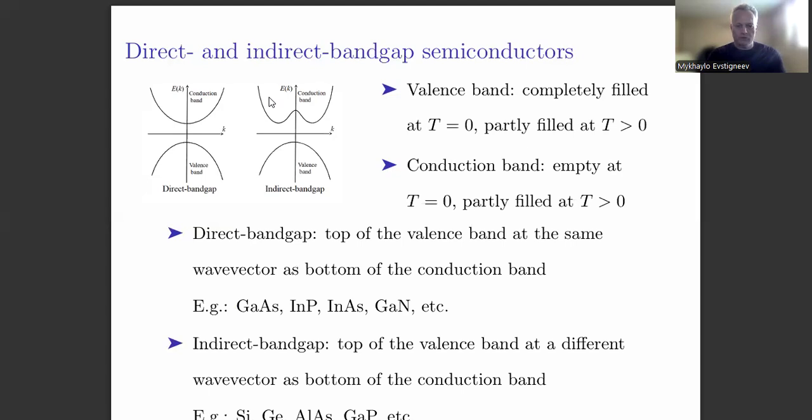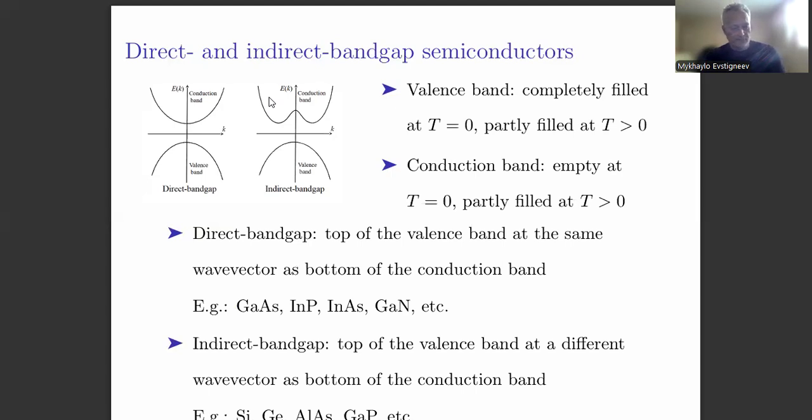Such materials are called direct bandgap semiconductors. Or the extrema of the valence and the conduction band may happen at different values of the wave vector or quasi-momentum, and such materials are called indirect bandgap semiconductors.